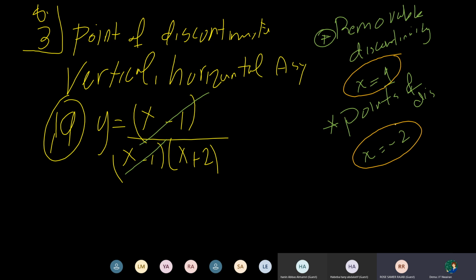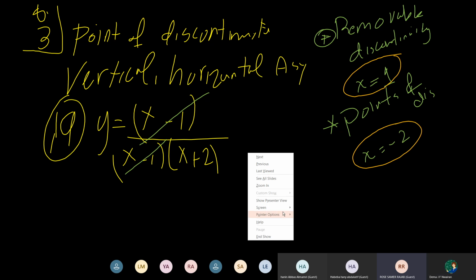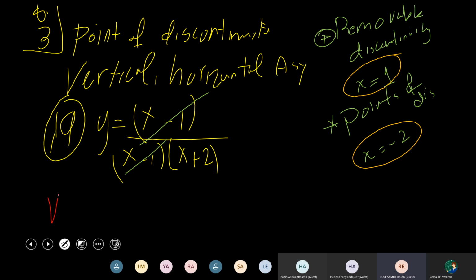Okay, now the vertical asymptotes. Can you tell us how you find the vertical asymptotes?